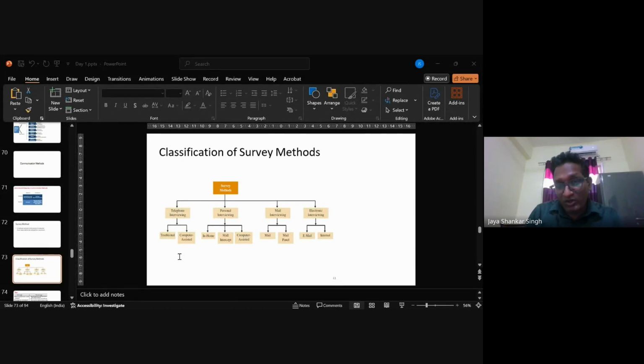Now we all know that a survey is the most common way of collecting data for quantitative research. But I'm saying that sometimes surveys are better than interviews for qualitative research also, even though surveys are typically associated with quantitative research.